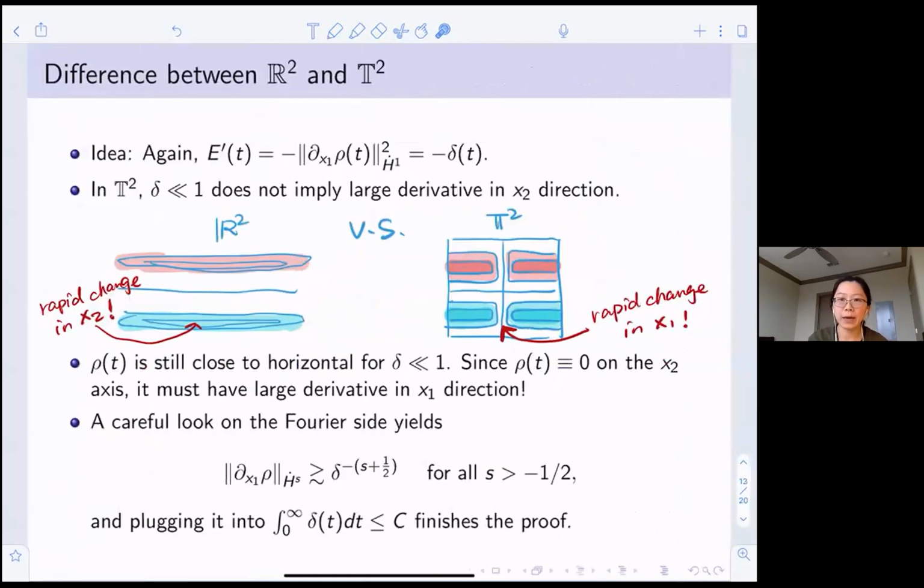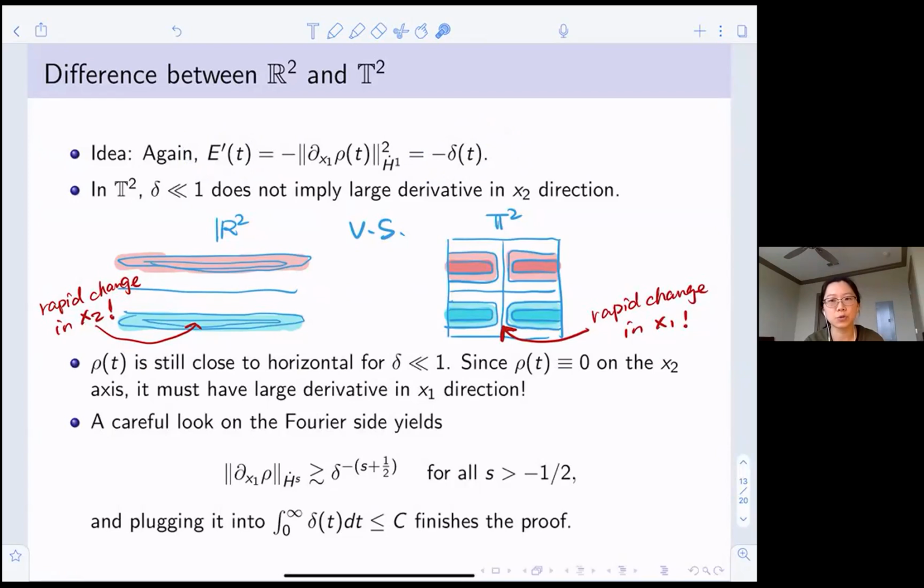So why can we show the growth of the H^s norm in R^2 for all s bigger than 0, but only for s bigger than 1/2 in the torus? Well, the reason is that we are using the same trick: E is dropping in time, with the time derivative given by minus delta.